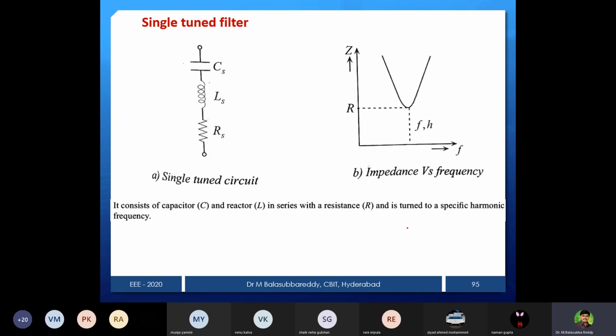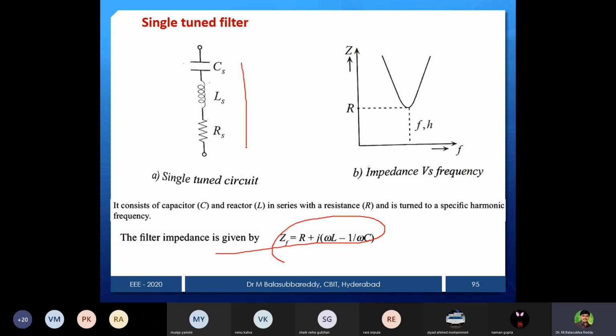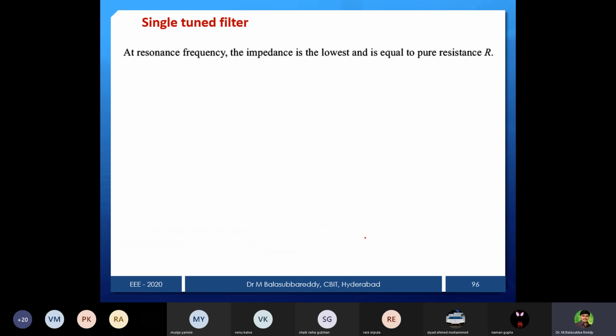So you consider some specific frequency and you have to design the RLC, or CS, LS, RS. The filter impedance is given by this formula. What is the filter impedance? Because all are in series, it is R, and then L and C also connected in series, so omega L minus 1 by omega C.